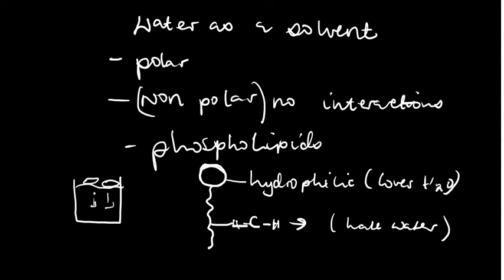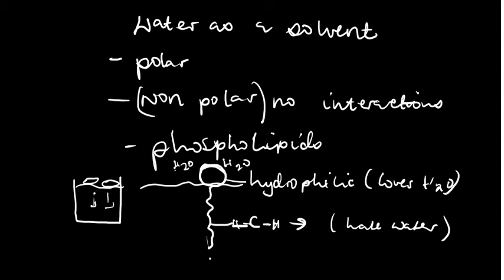So what you notice is that the head, which is water loving, will interact with water. If we have water molecules in this environment, this hydrophilic head is going to interact with water. Then the tail is going to shun away from water, to face away.